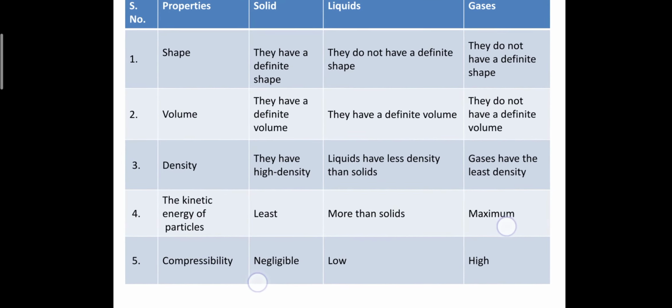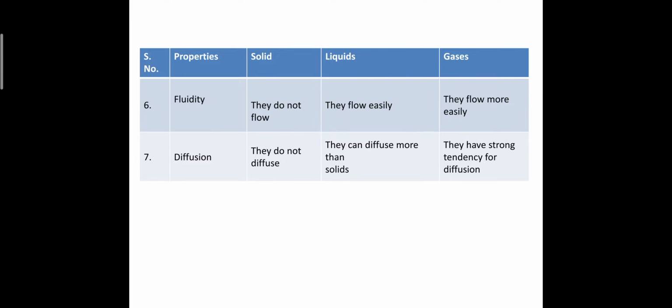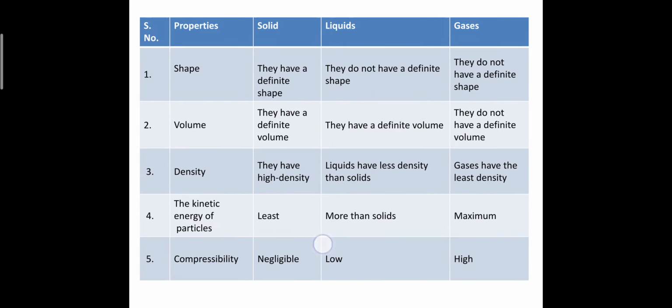Now, the properties include shape, volume, density, kinetic energy of particles, compressibility, fluidity, diffusion. Compressibility is sometimes counted as rigidity. Sorry, compressibility and rigidity. Next, coming to the properties.